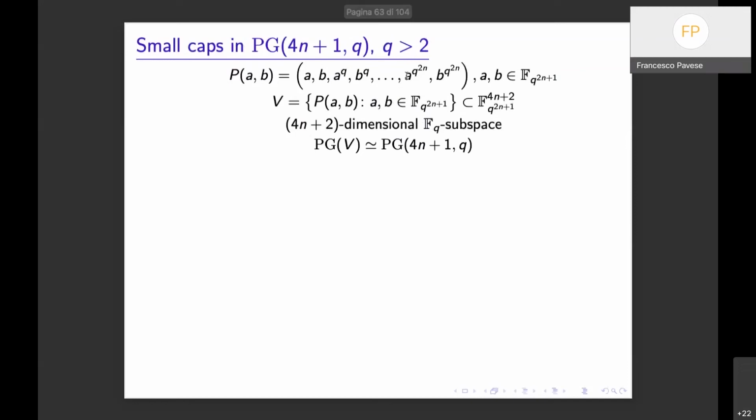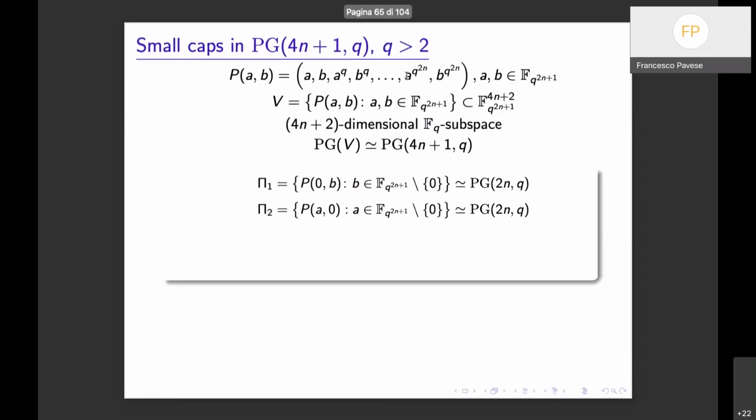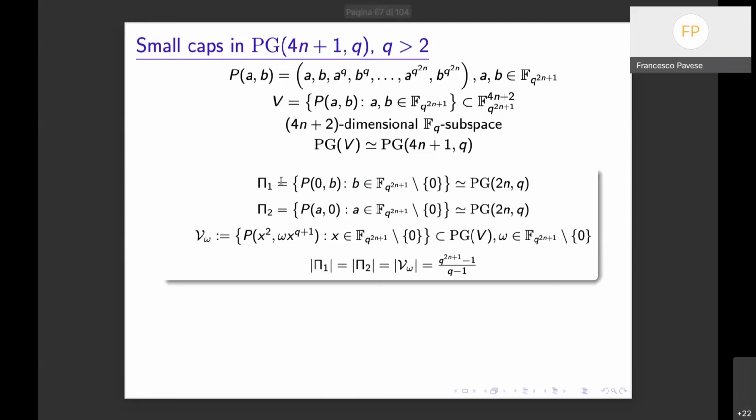And so we consider a non-standard representation of the ambient projective space. Here, it is very easy to recognize a partition of the points of the projective space into two disjoint 2n-dimensional projective spaces, pi1 and pi2, and certain point sets V omega having the same size as pi1 and pi2.